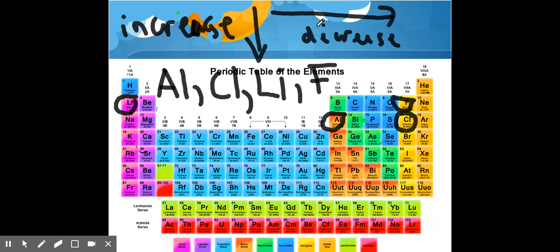It will not be an acceptable answer to say chlorine is smaller than aluminum because it's furthest to the right, or chlorine is larger than lithium because it's further down. You do need to be able to describe in terms of electron shells, whether that be energy levels increasing or the effective nuclear charge increasing, which would pull the electron shells in tighter.